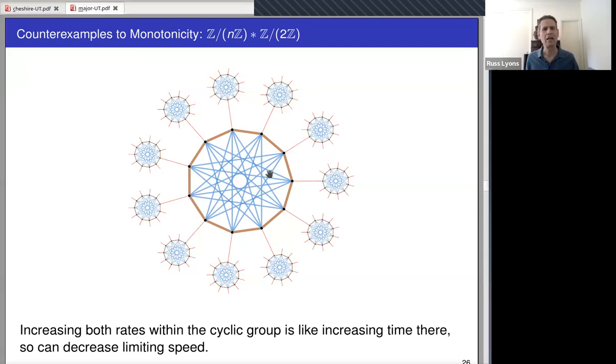And then when you increase both rates within the cyclic group by some factor, it's like increasing time there. And we know that can decrease the distance. You keep the rates the same on the new red edges. And when you decrease distance, it turns out that converts to decreasing limiting speed in this infinite graph.